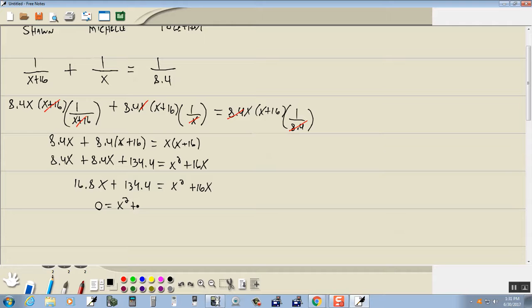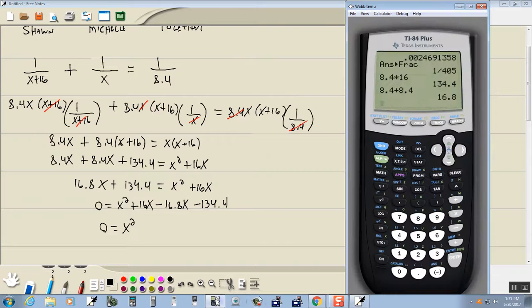I'm guessing it won't factor, so I'll probably have to use the quadratic formula. Remember, when you take anything across the equals, your sign changes. 16x minus 16.8x, I believe, is negative 0.8x.